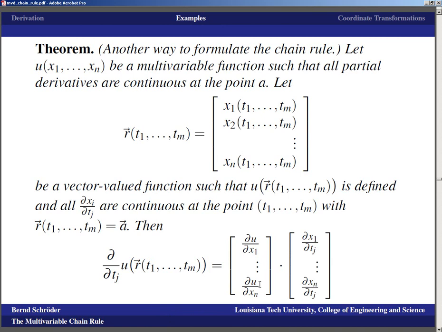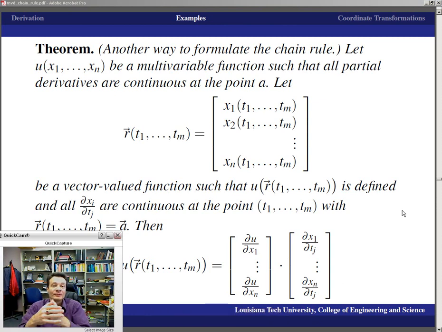So the dot product of this vector, which is also often called the gradient, might as well say the word, with the partial derivative of the input vector with respect to tj. So this is something that, as far as I can see, is easiest to remember the chain rule with, and we'll ultimately also write it down using the gradient vector itself. It's the gradient times the partial of the input with respect to tj.